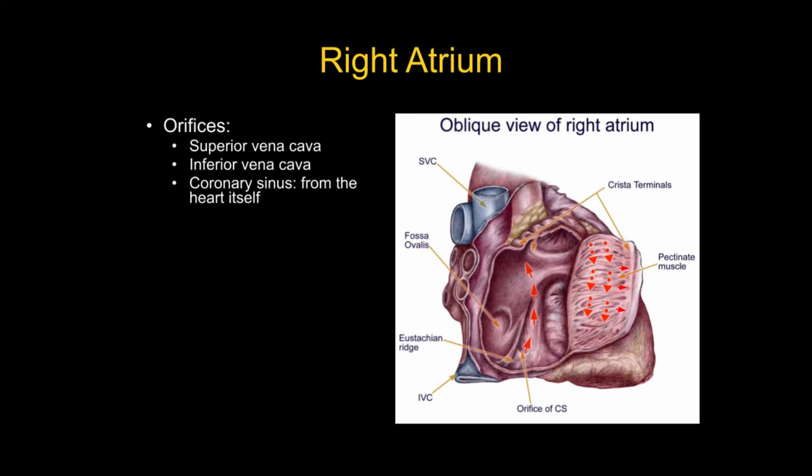And then, not forgetting that the heart itself needs nourishment and needs to bring back its own wastes and have its own blood oxygenated in the lungs. Thus, the third orifice there would be the coronary sinus, which is the entry point of the coronary vein.